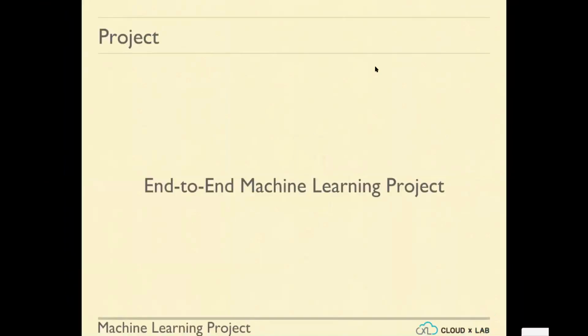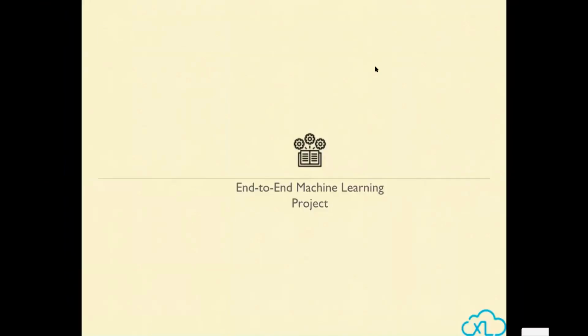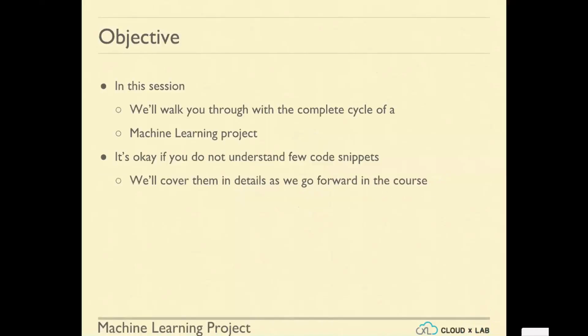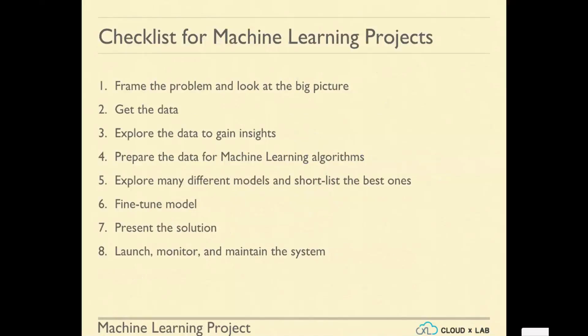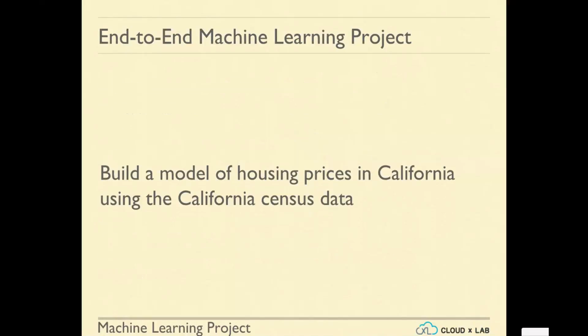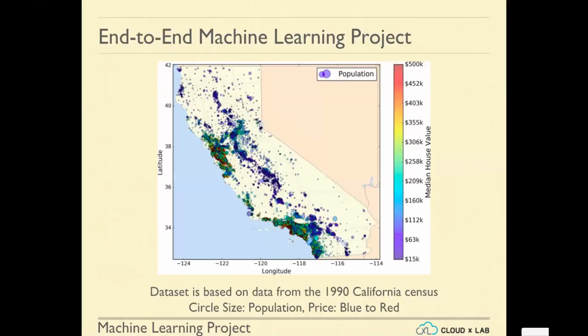I'm going to do a very super fast recap. So we set up the environment, and the objective was to build a model of housing prices. This is how the data looked.